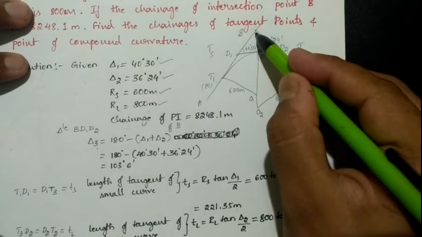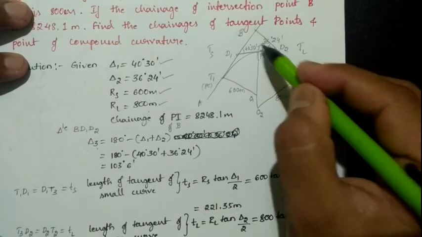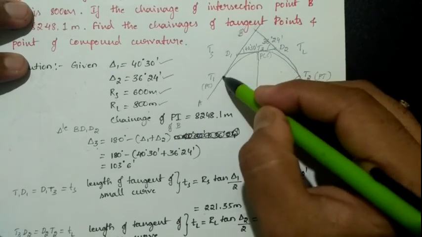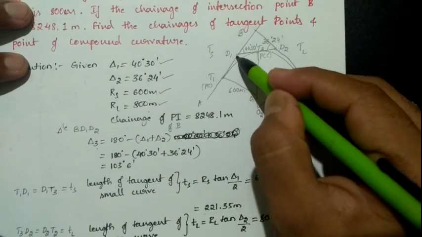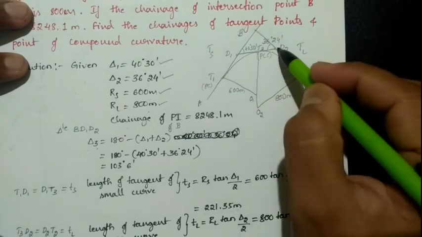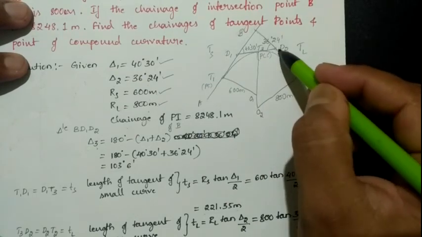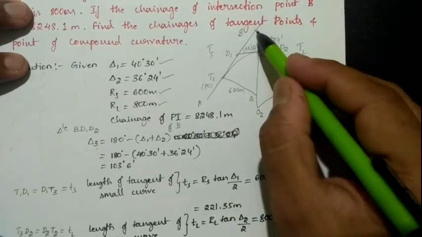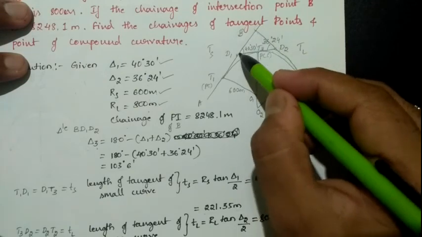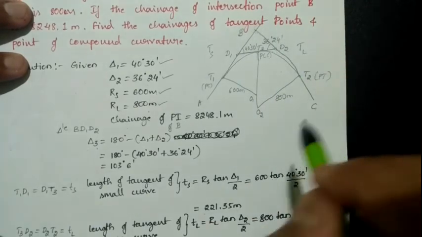So now I have considered the triangle BD1D2, and if I take the length of T1D1, it is calculated. Similarly, if I take the length of D2T2, it is also calculated. Now the remaining things BD1 and BD2 are to be calculated.